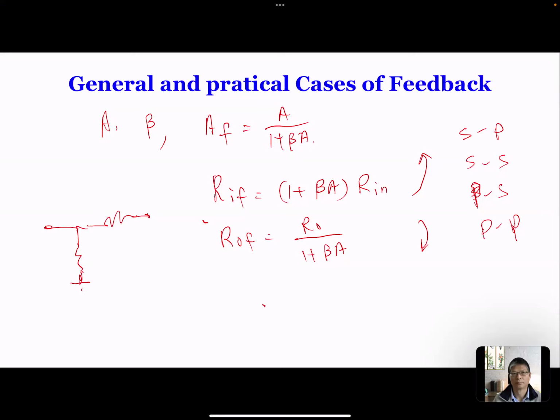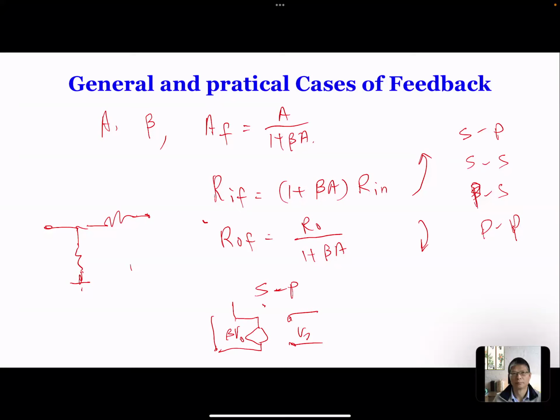For example, in the series-parallel configuration, we had this feedback, and on this side we have open circuit, on this side we have beta times VO as the feedback. So this is SP feedback.